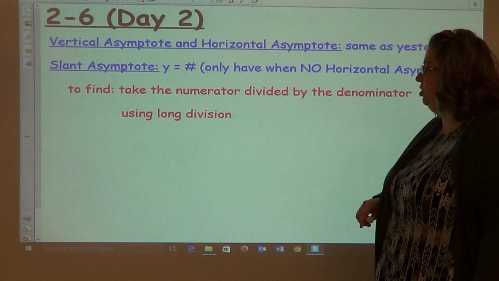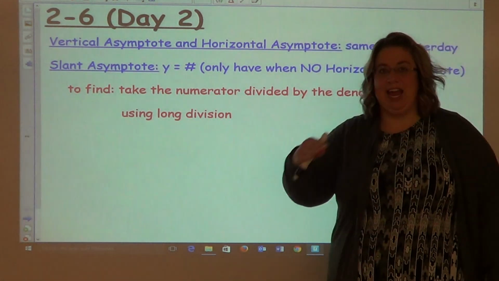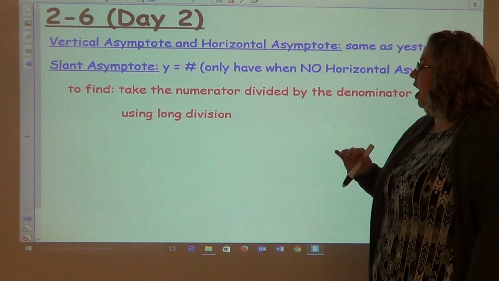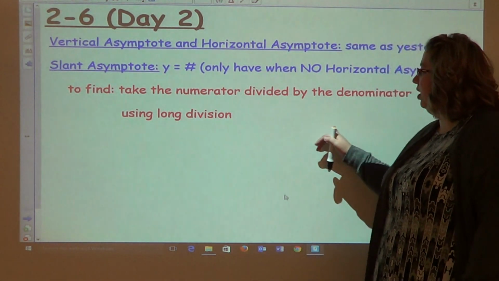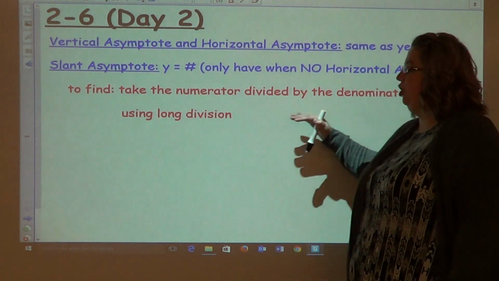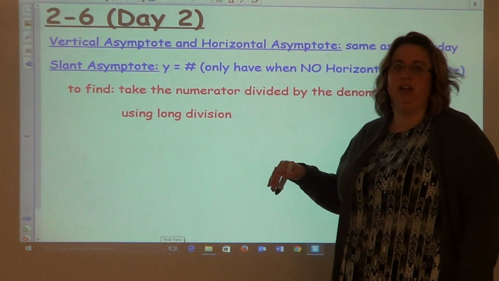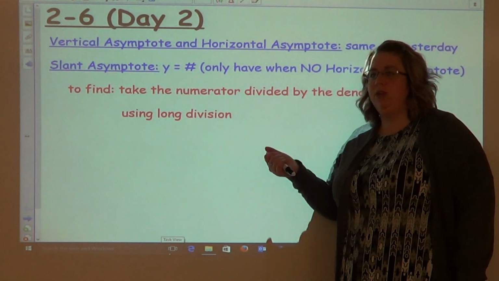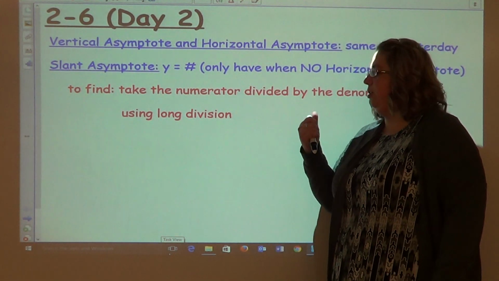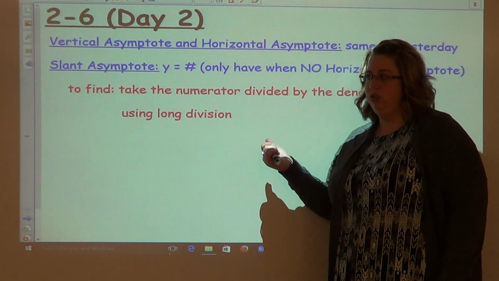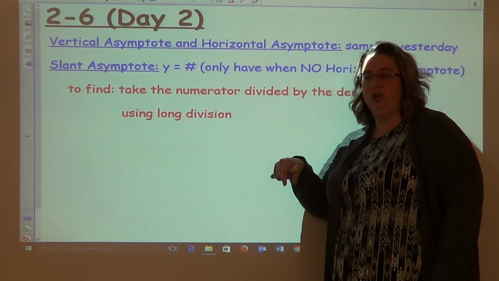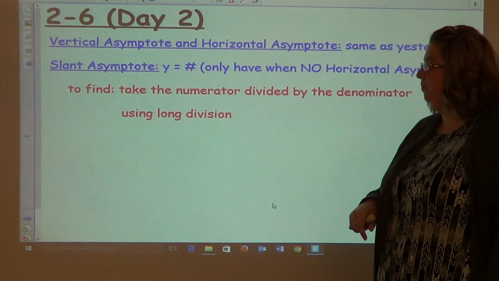And a slant asymptote is still going to be y equals, so this is going to be like a diagonal line. How you're going to find that is you're going to take the numerator divided by the denominator using long division. So we talked about where we use synthetic division, now we're going to talk about how we use long division again. So things that we did in the beginning part of chapter 2 are now coming up again.